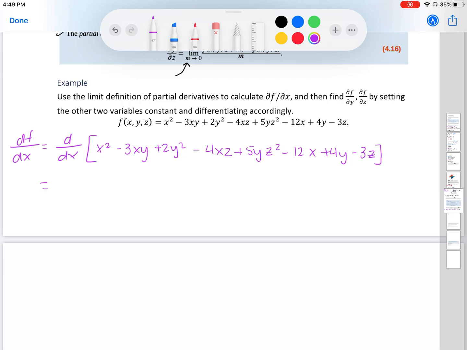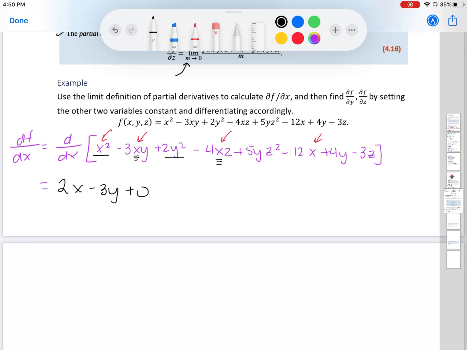Okay, let's go ahead and take the derivative in terms of x. Even though we have a very lengthy function, we only have 4 derivatives to apply. The rest are constants. So the derivative of x squared is 2x. The derivative of x is 1, so we're left with minus 3y. 2y squared, that's 0.